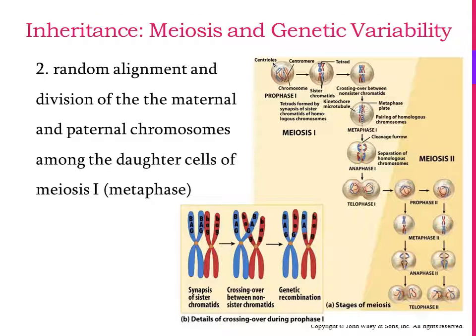Also, there's random alignment and segregation of the chromosomes into the daughter cells. So each gamete has a very unique assortment of chromosomes depending on how the chromosomes aligned in their pairs during meiosis 1.